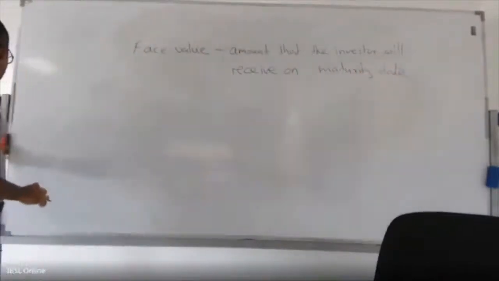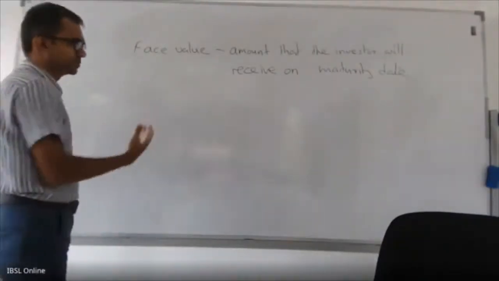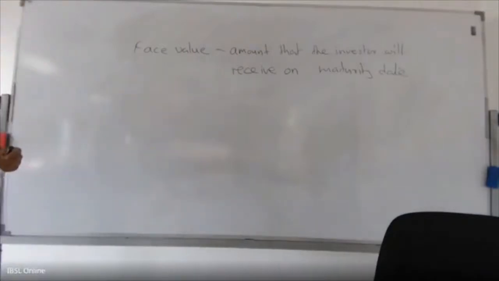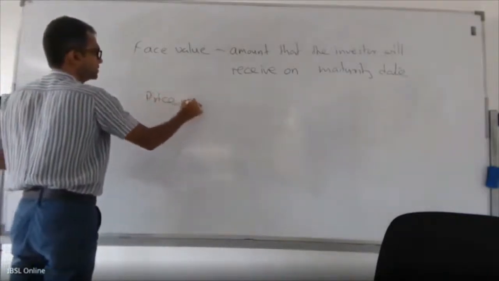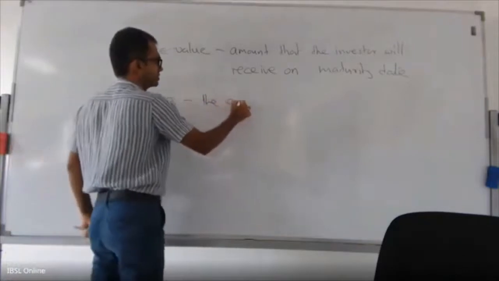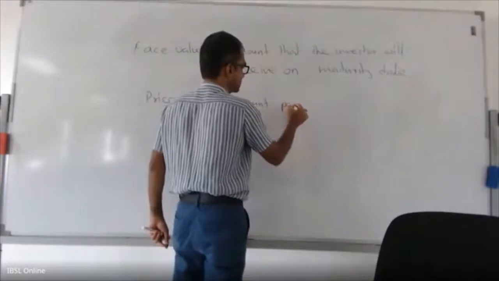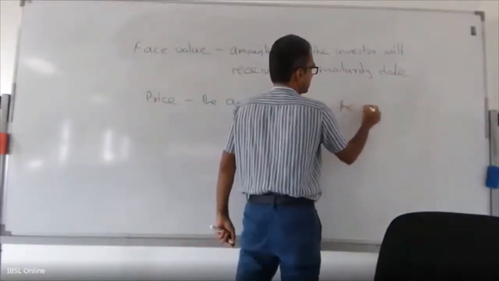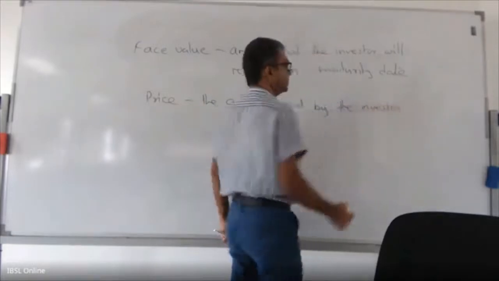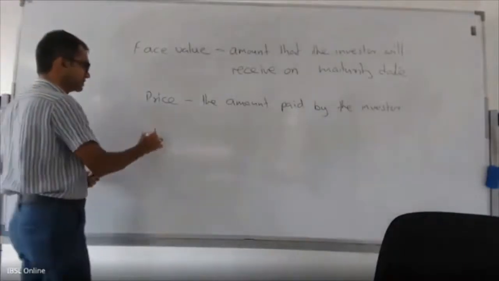That's the amount that the investor will receive on the maturity date, or you can say that's the amount the borrower agrees to pay back to you on the maturity date. So what is price? The amount paid by the investor to buy this instrument. That's the price. So then what is the discount?